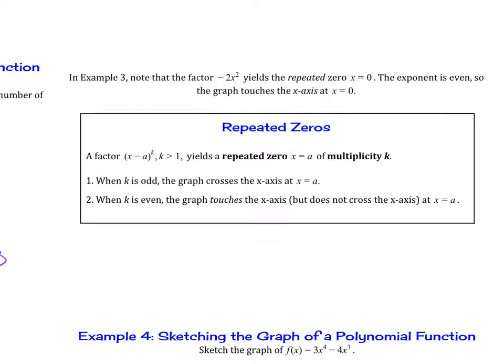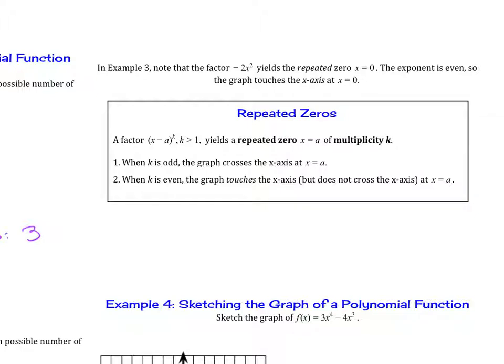And note, in example 3, the factor negative 2x squared yields a repeated 0. So the exponent is even, so the graph only touches the x-axis at x equals 0. Okay, so it doesn't cross, it touches it. So a factor, x minus a raised to the k, when k is greater than 1, yields a repeated 0, or x equals a, of multiplicity k.